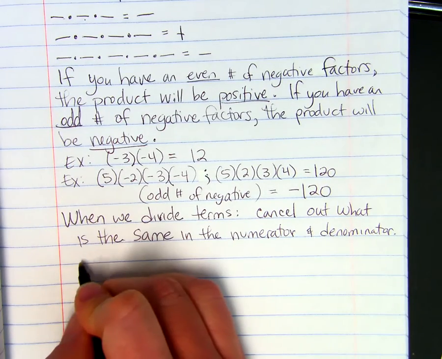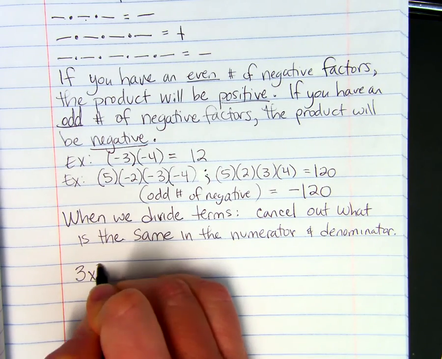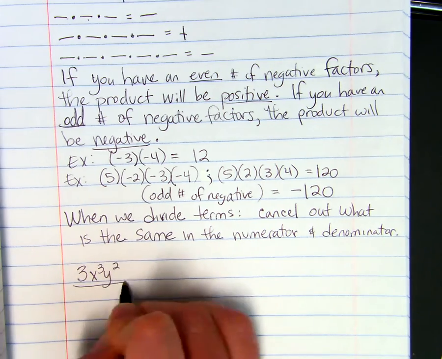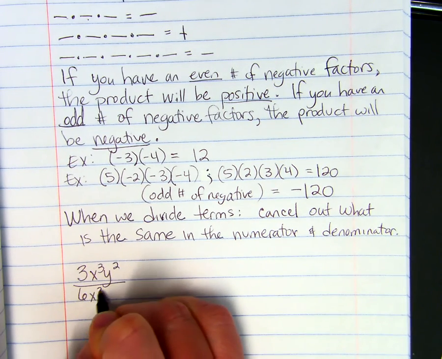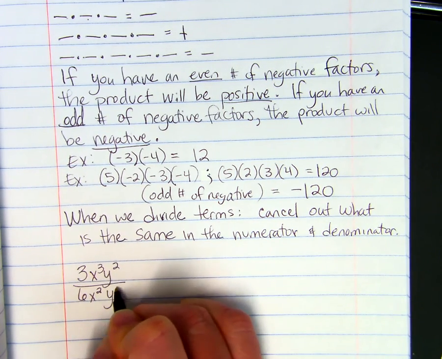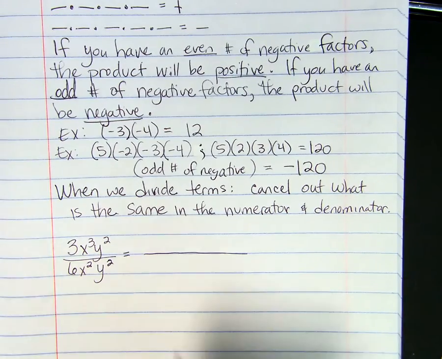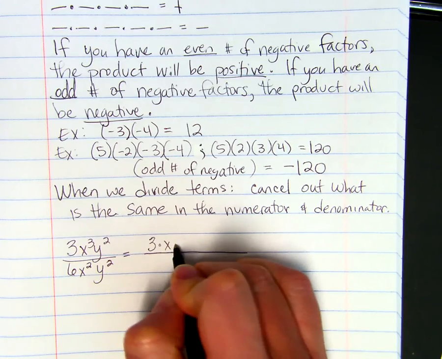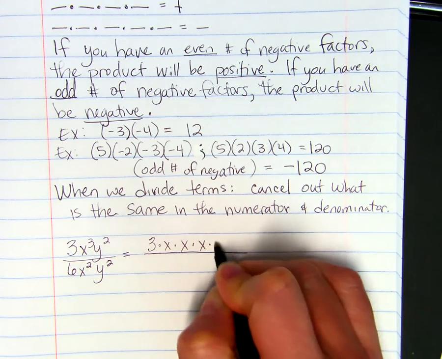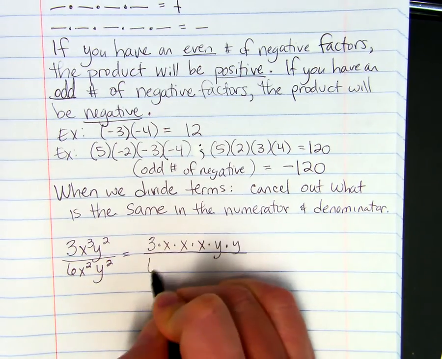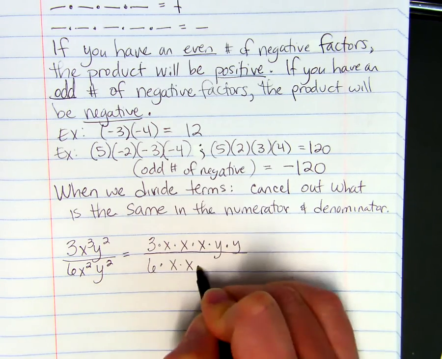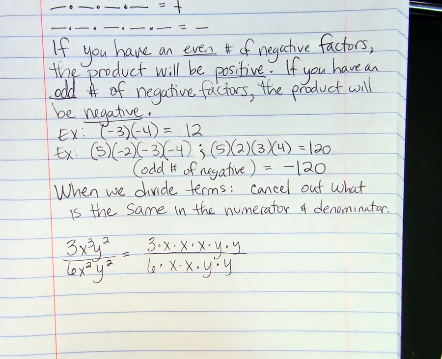So here's an example. If we had 3x cubed y squared divided by 6x squared y squared, we can think of it as 3 times x times x times x times y divided by 6 times x times x times y times y.